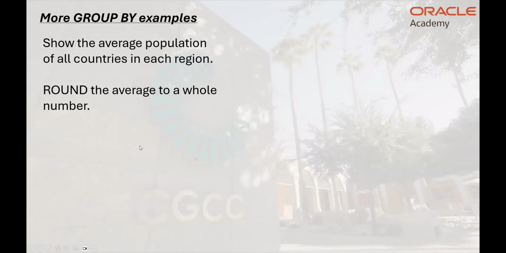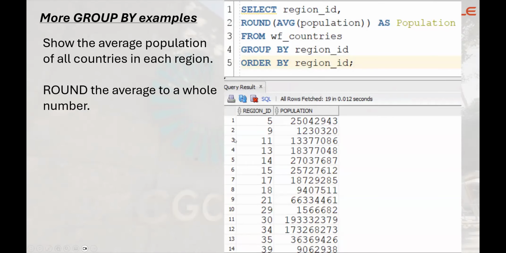All right, let's look at a few more examples. I want to show the average population of all countries in each region, rounding the average to a whole number. Select region ID, round average population from WF country, group by regions, order by regions.